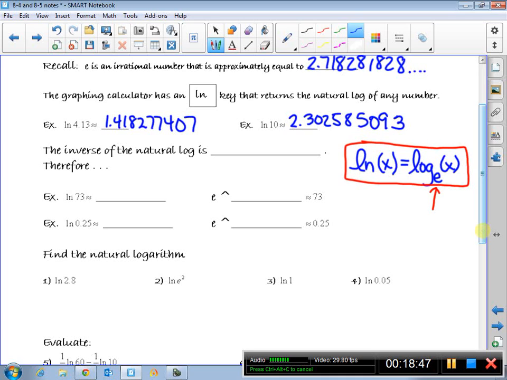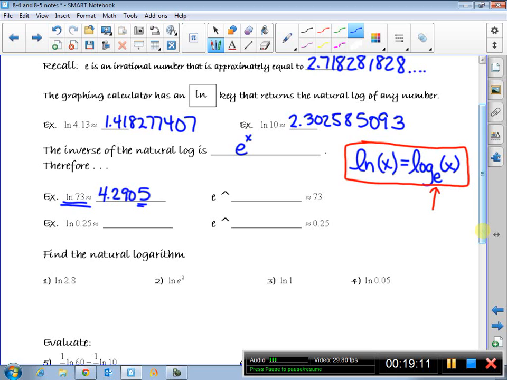So the inverse of the natural log is e to the x. So if I have the ln of 73, let's go put that in. It's approximately 4.2905. Let's go 4 decimal places.